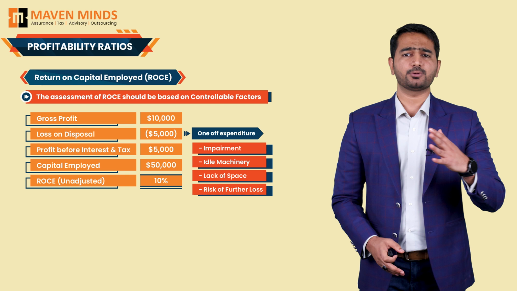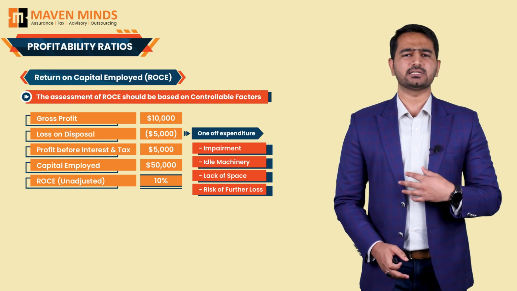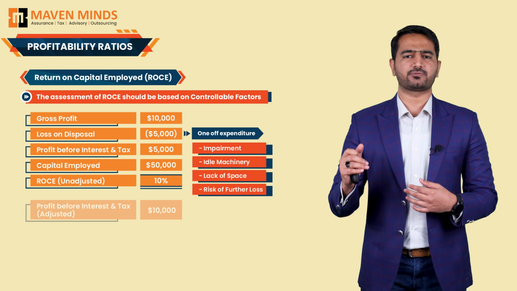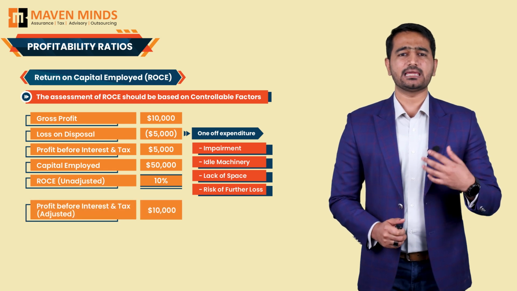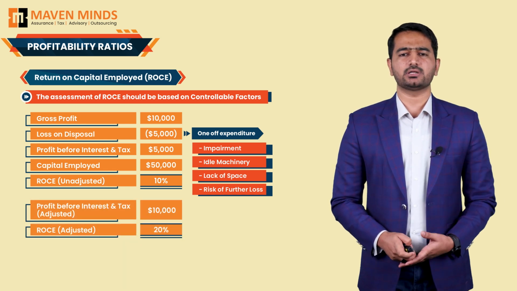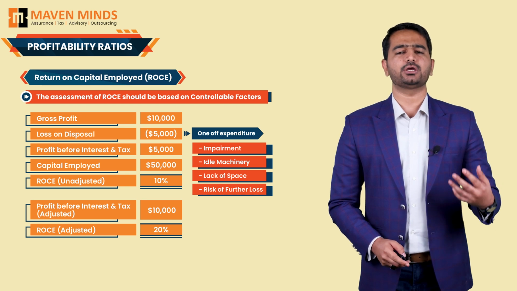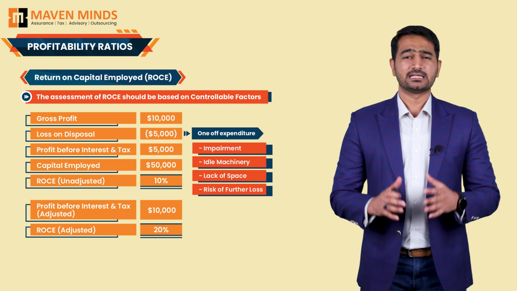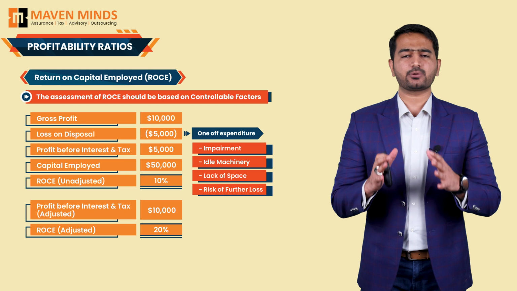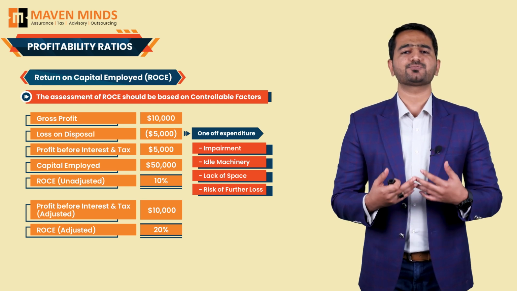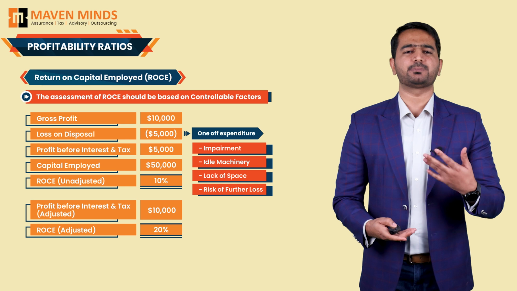If I had been in your place, what I would have done is add back this one-off loss to profit before interest and tax, and then the adjusted profit would be $10,000. This would reflect a much healthier return on capital employed of 20%. This would give you a more accurate picture of the company's underlying profitability and allows for a fairer assessment of the management performance.